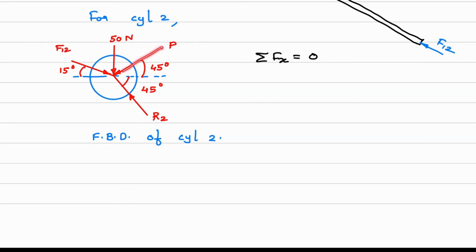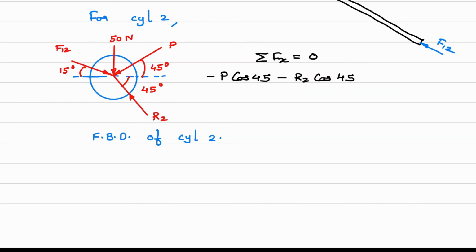So if you consider this P, its x component will act in left hand side. So this will be minus P cos 45. The next force, if we consider R2, its x component will act towards left hand side. So minus R2 cos 45. Now this 50 Newton will not come in x component, and F1 to 2 x component we have to consider.